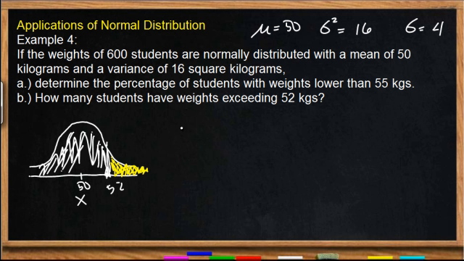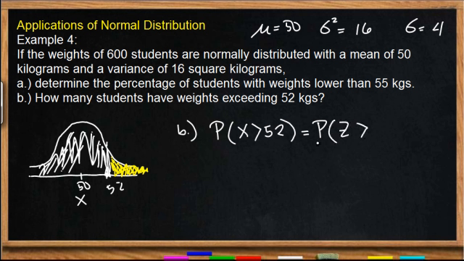So now let's try to solve letter B. Letter B, let's first get the probability that x is greater than 52. Or what is the probability that a student's weight is greater than 52? We first find the probability. This is equal to finding the probability that z is greater than, so what is z?